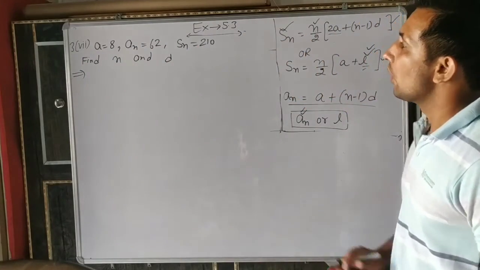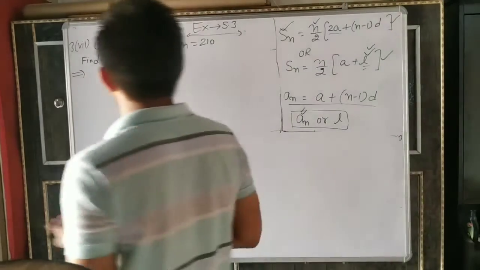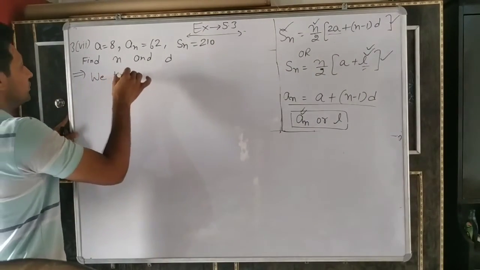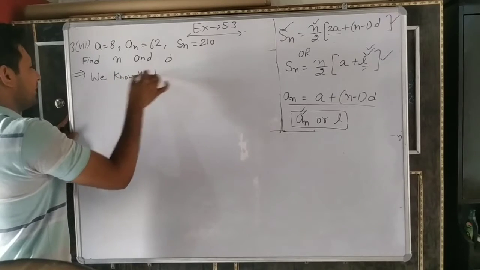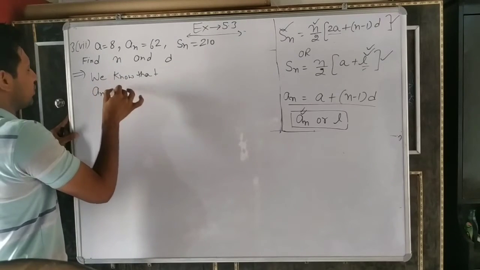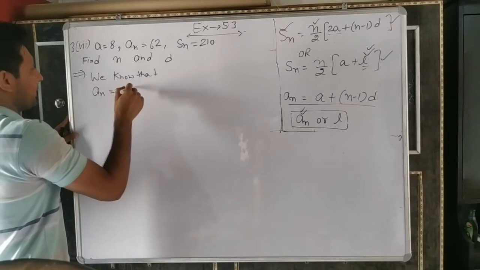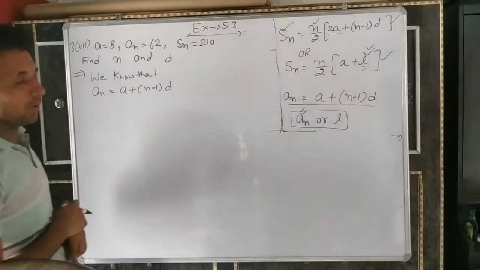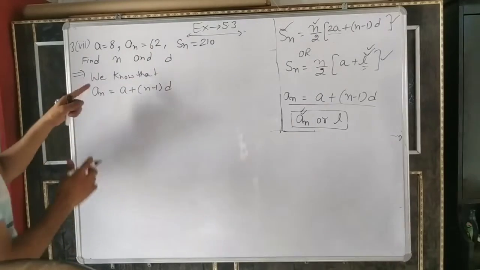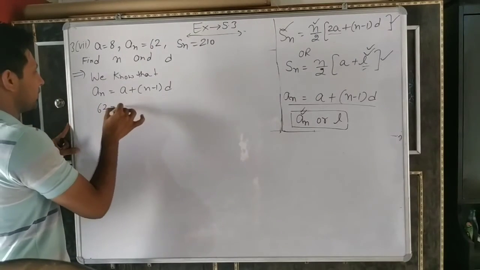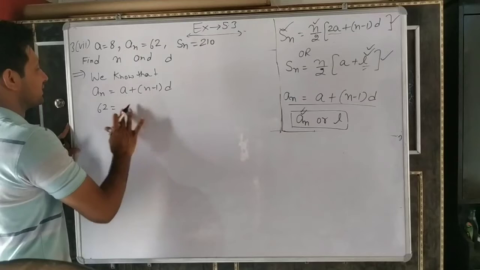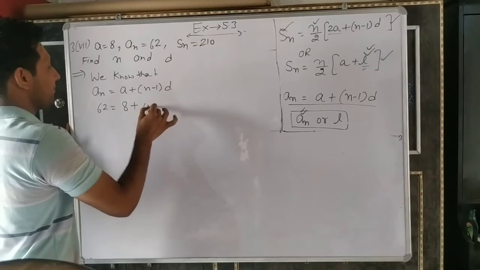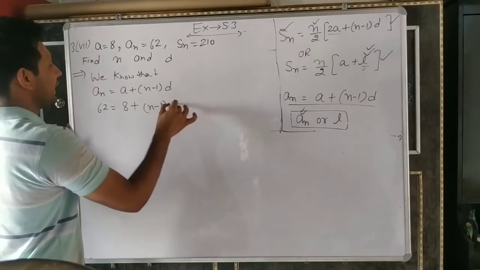Everyone knows what is given? an. So we will write, we know that an equal to a plus n minus 1 into d. Everyone knows an is how much? 62 equal to a plus, a is how much? 8 plus n, we don't know, minus 1 into d, also we want to find it.